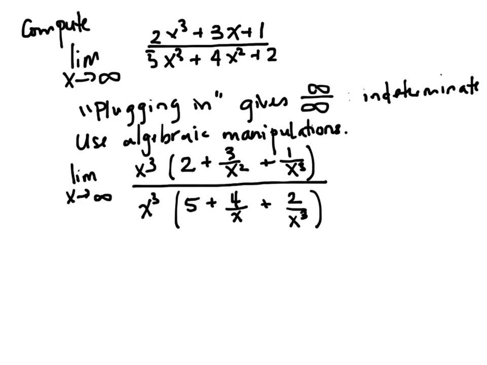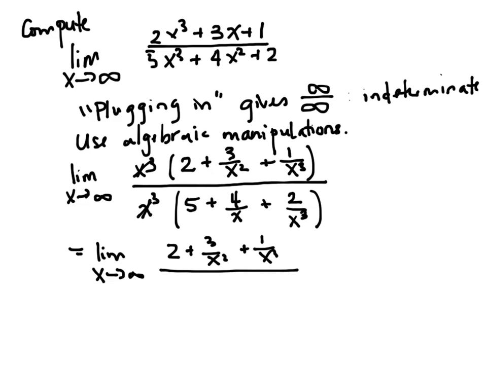Okay, and so now these common factors, x cubed, cancel. So we get that this is equal to the limit as x goes to infinity of 2 plus 3 over x squared plus 1 over x cubed all over 5 plus 4 over x plus 2 over x cubed.